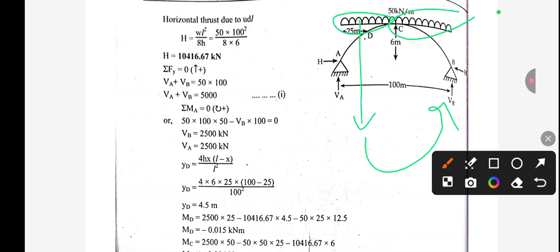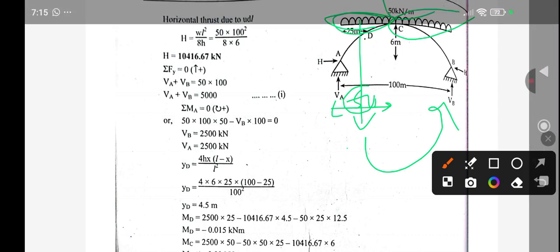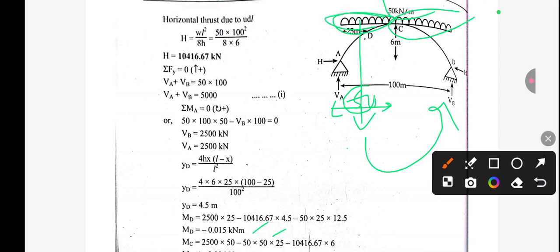Here, this is the load 50, and this is acting at a distance of 50 meter, half of this. So it means load into distance, 50 into 50, and this is acting at half of this span, so the distance will be half of this 50, which means 25, so we have to multiply by this. This is anti-clockwise, so it is taken as negative value.